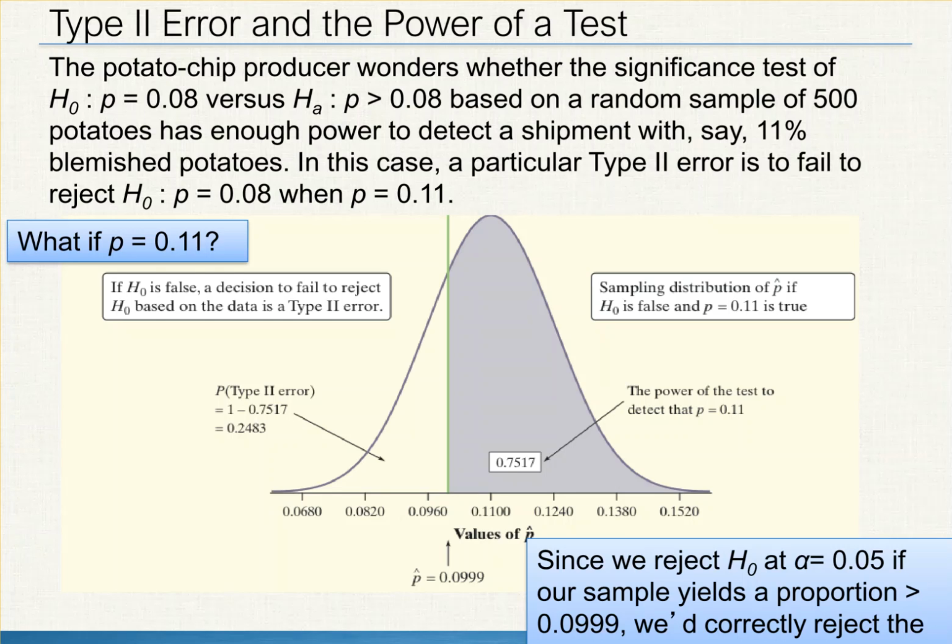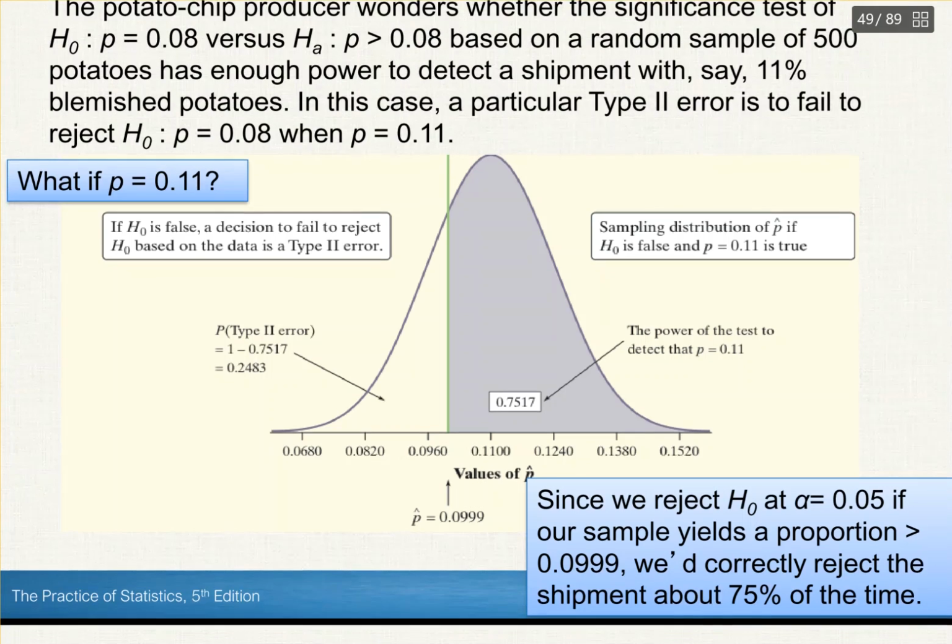All right, so if we look at it, actually, let's just do the calculation on our calculator just to see kind of where this comes from. But basically, if you look at this is our sampling distribution of p hat if the true parameter value was 0.11.